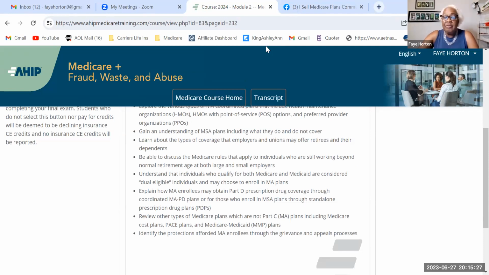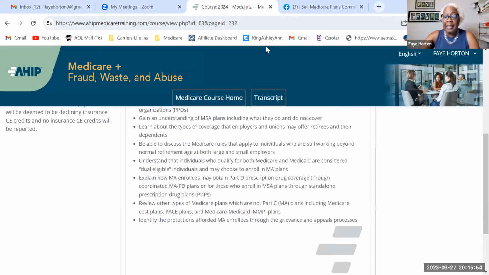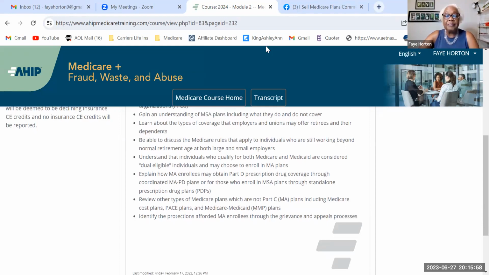You'll understand that individuals who qualify for both Medicare and Medicaid are considered dual eligible. You will be able to explain how Medicare Advantage enrollees may obtain Part D prescription drug coverage through coordinated MAPD plans, or those who are enrolled in the MSA plans through standalone prescription drug plans.